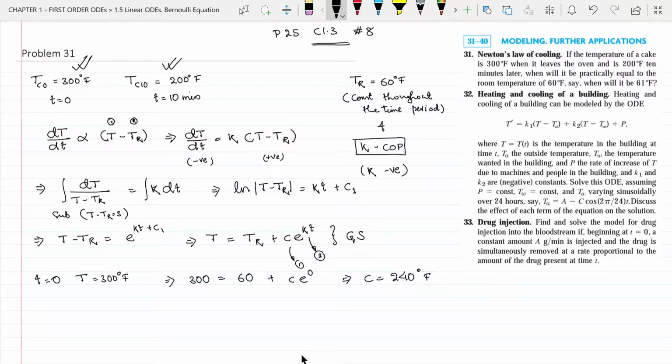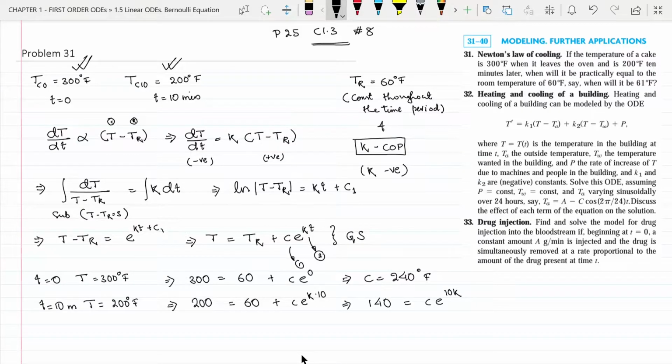And the second initial value condition is at t equal to 10 minutes, capital T equal to 200 degrees Fahrenheit. This implies 200 equal to 60 plus C e to the power K multiplied by 10, and this implies 140 is equal to C e to the power 10K.